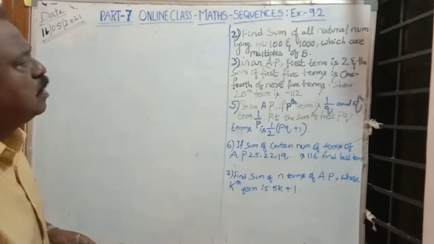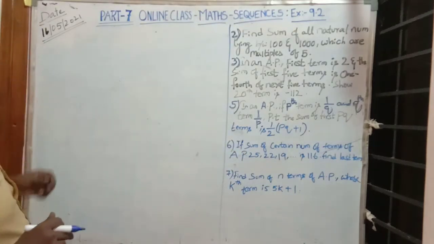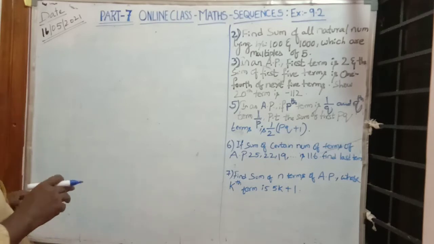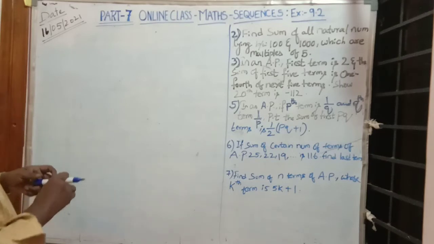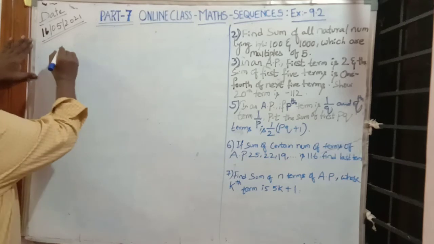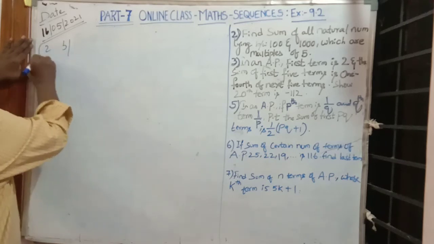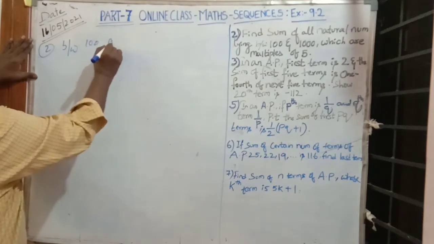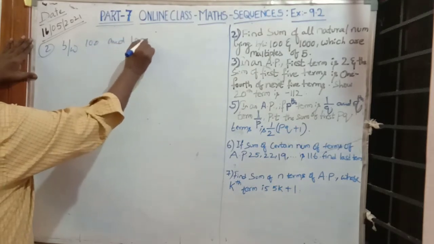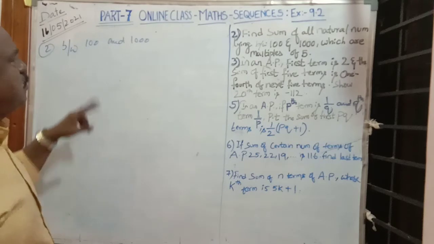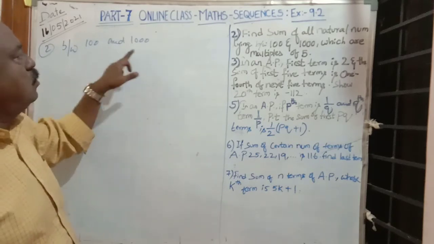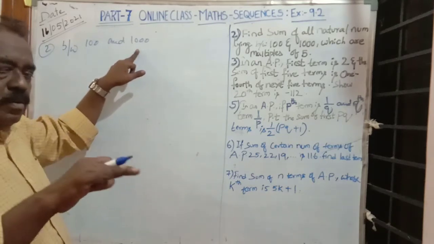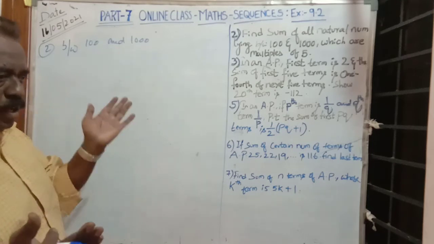Second problem. Find the sum of all natural numbers between 100 and 1000. You see the meaning of between, between 100 and 1000. The first problem was from 1 to 1000, including 1 and 1000.